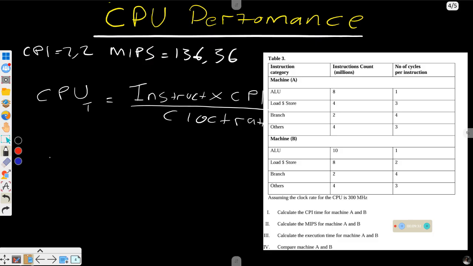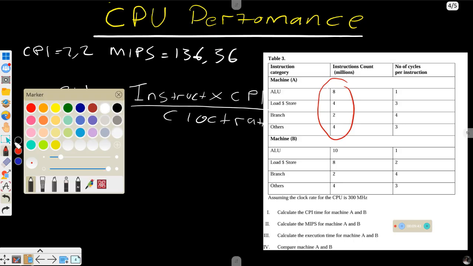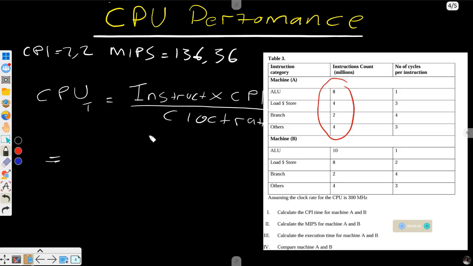I hope you understand over there. Now your instruction is represented in this, let me change the color, that over there. Now, which is 8 plus 4 plus 2 plus 4, and this becomes 18.